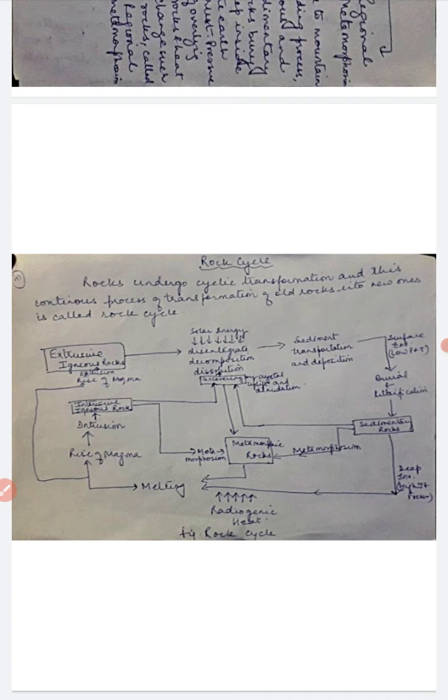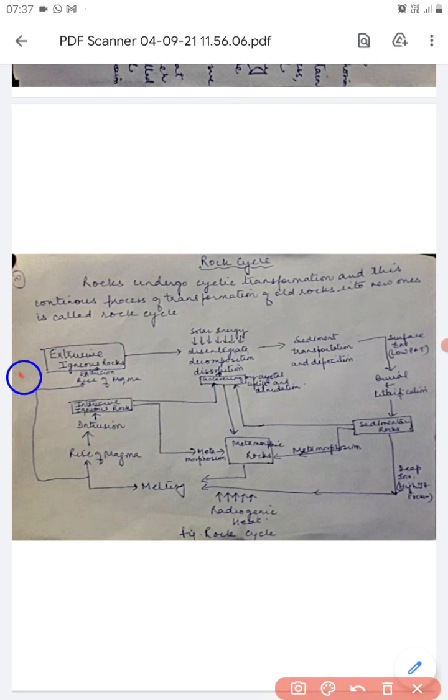As you can see, as I said, igneous rocks are the primary rocks. So extrusive igneous rocks and the intrusive igneous rocks. Extrusive igneous rocks, as a result of the changes in the temperature, pressure, the solar energy which the rock gets, disintegrate, decompose, and dissolve to form the sediments, right?